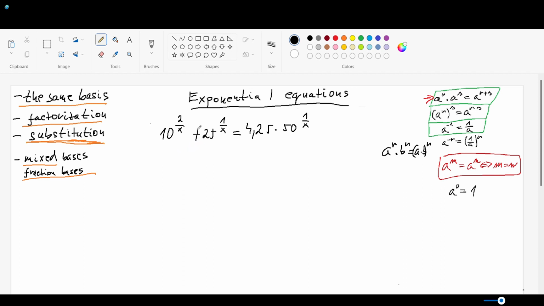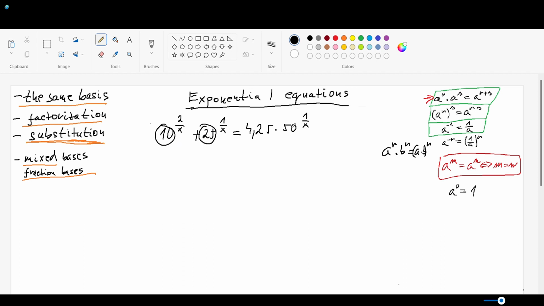So what can we do here? I didn't mention this during previous videos because it's not always the case, but it is a good manner a lot of times to not use the bases as composite numbers, but to use the bases as prime numbers.